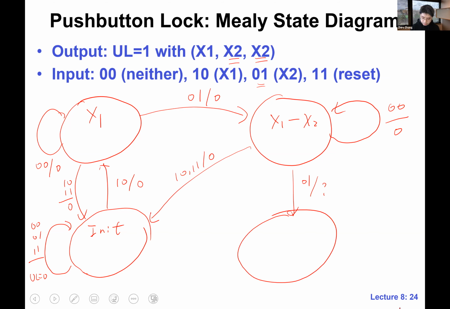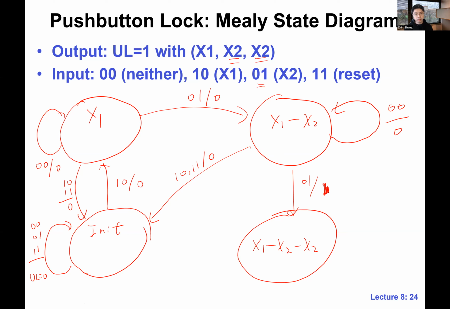Okay, last state: x1, x2, x2. Just one more minute. What do we output here for 0, 1? Now we already have x1, x2, and x2, so we can actually output 1 right away here. Make sense?